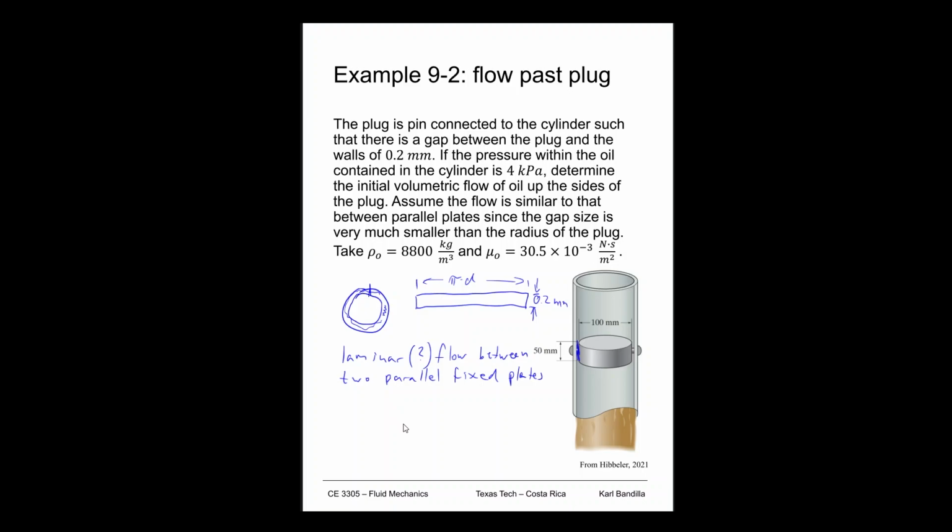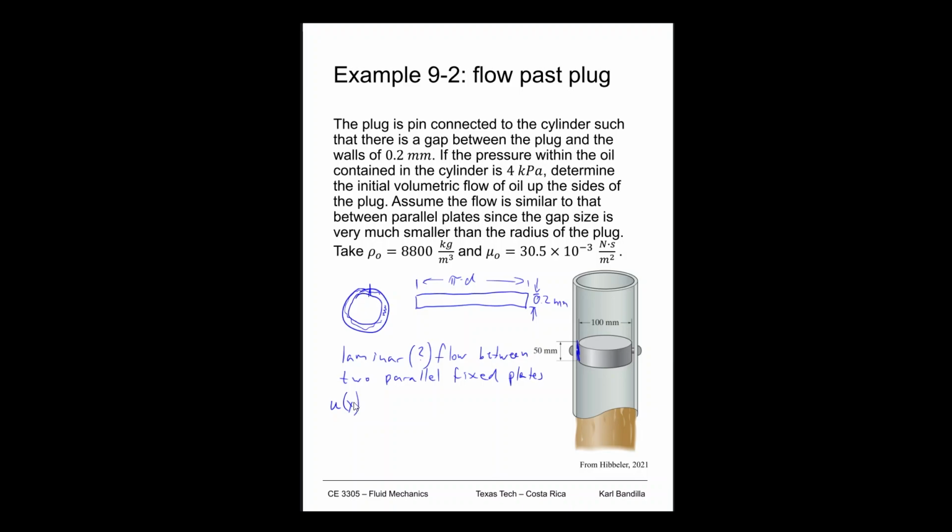That means we can go look at our solutions and pull up the one that we have for velocity, right? Because we'll need the velocity with which the oil is going past here. Once we have the velocity, we can multiply it by the area, and we can get the volumetric flow. So let's say we have u of y, right? Of course, it's going to change.